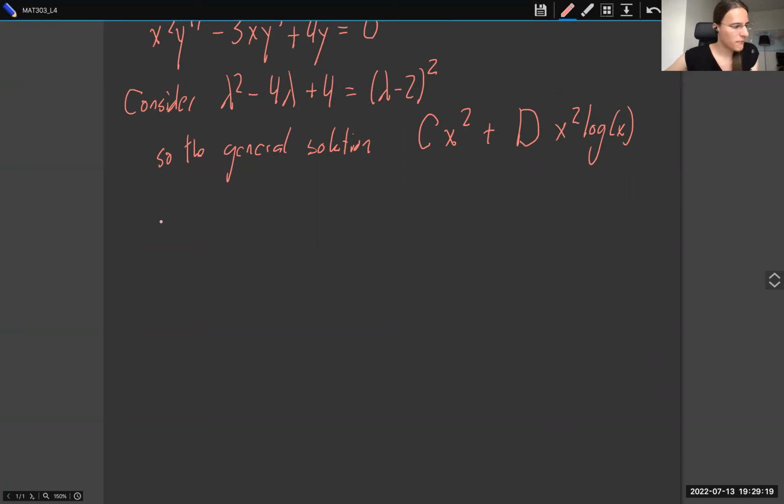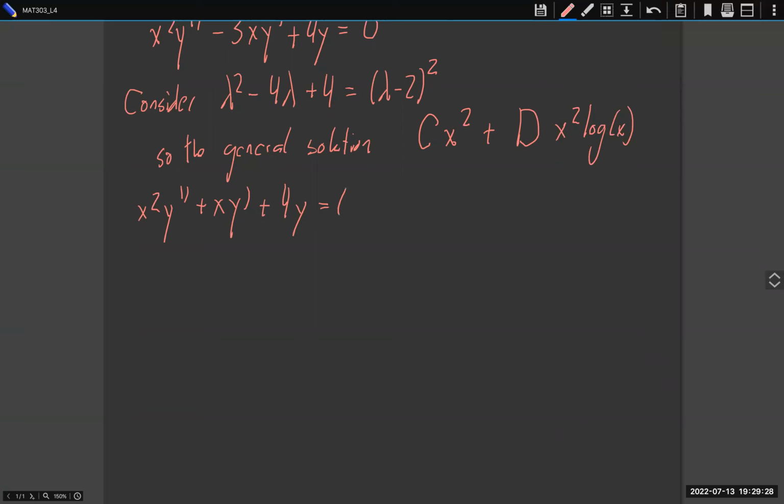Okay, so let's do the next example. What if we have something like x squared y prime prime plus x y prime plus 4y is equal to 0? So the equation that we consider is what? Lambda squared plus 4.